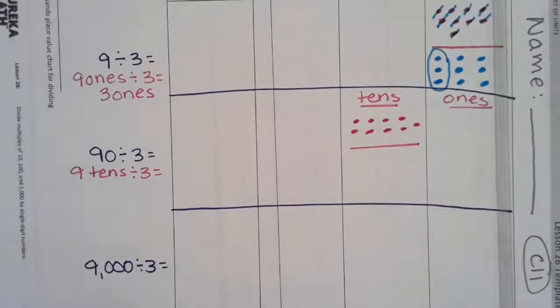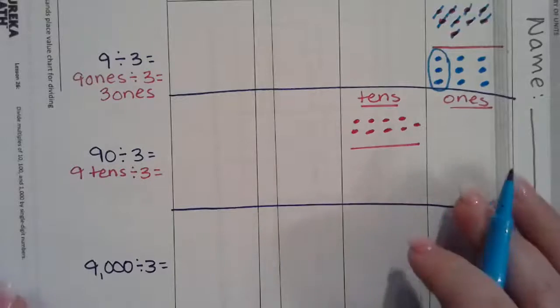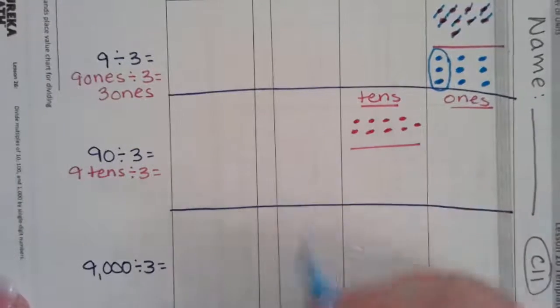Alright, I'm going to draw a line where I'm actually going to show my division of 3 groups. Alright, and just like before, I'm going to cross off as I go.